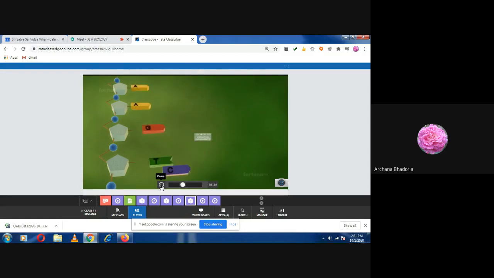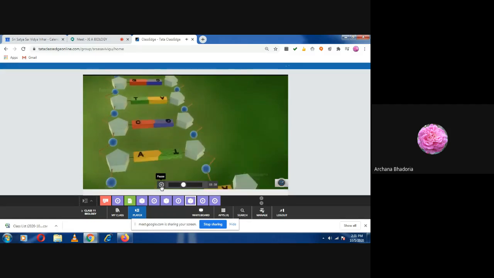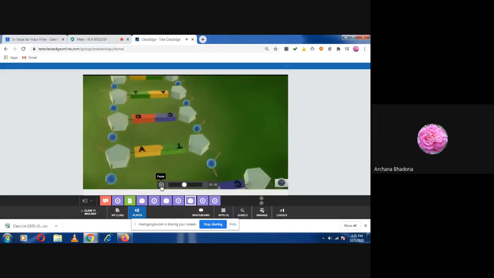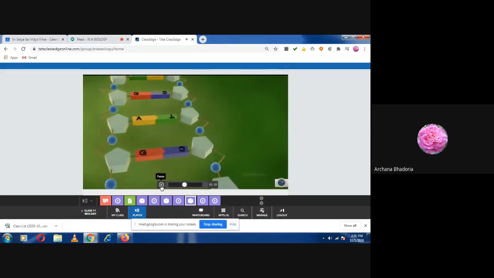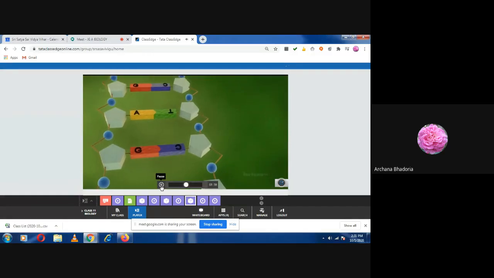The bases are attached to the sugar molecule. 2 strands of nucleotides pair together in a specific way. Adenine pairs with thymine, and guanine pairs with cytosine. 3 hydrogen bonds are present between C and G, while 2 hydrogen bonds are present between A and T. AT and GC base pairs are said to be complementary.